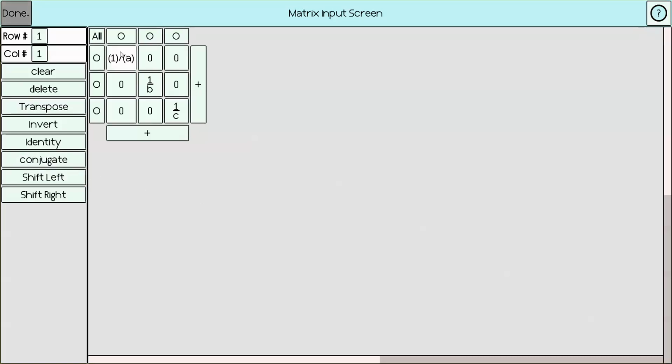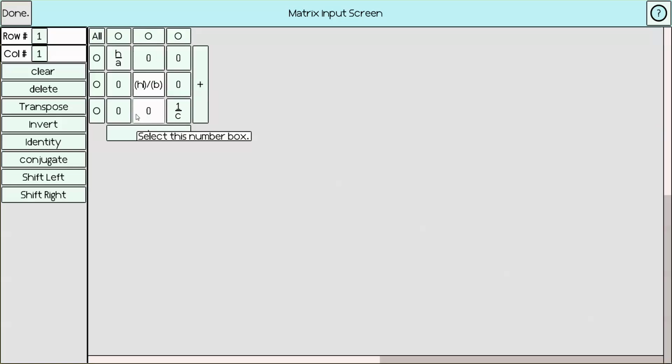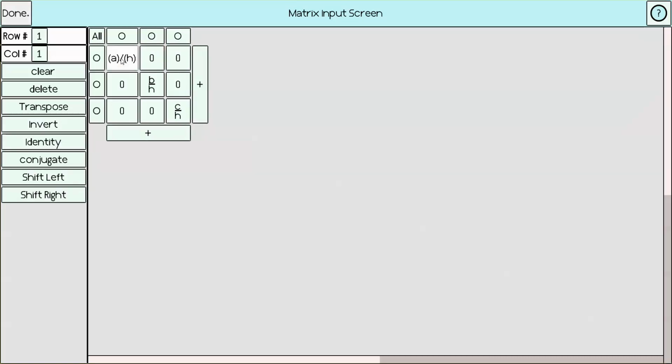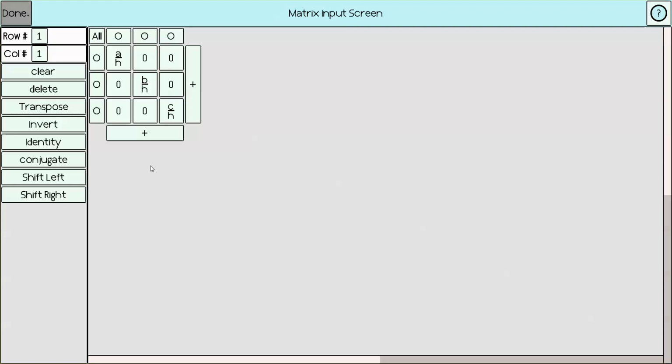So say we had h over a, h over b, and h over c. The inverse would be a over h, b over h, c over h. You see how that works? So the inverse is just the multiplicative inverse. Some people call it the reciprocal.